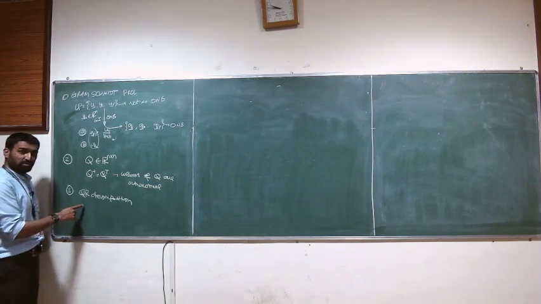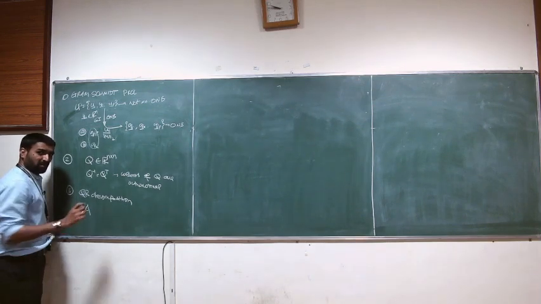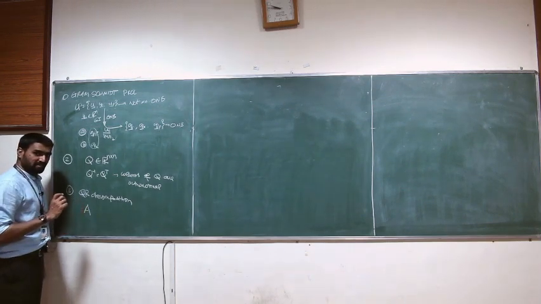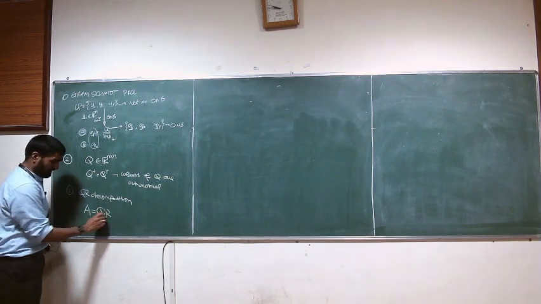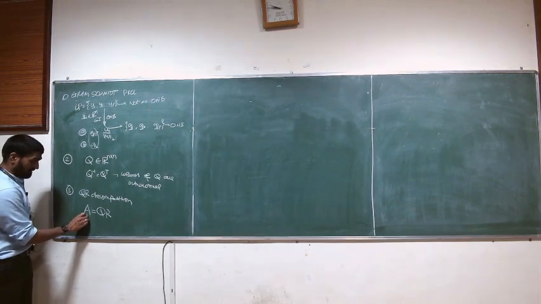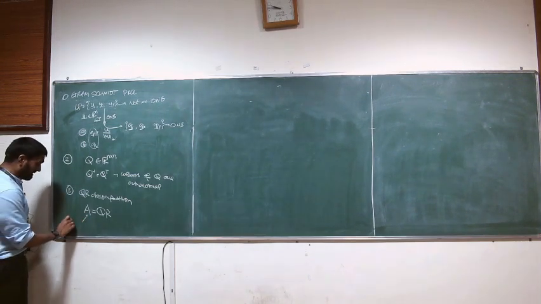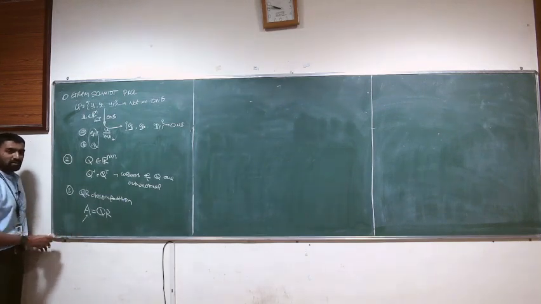What is the QR decomposition? You'll have to be louder. What is it? Q into R. But what are the conditions on A? Yeah, it's got full column rank. That means it has to be tall or square.